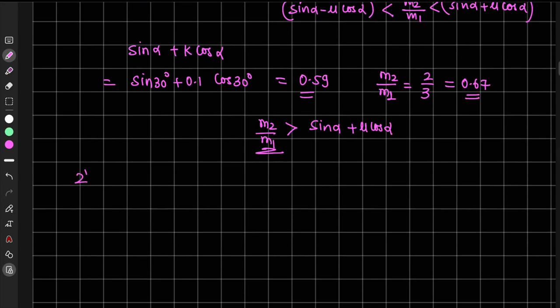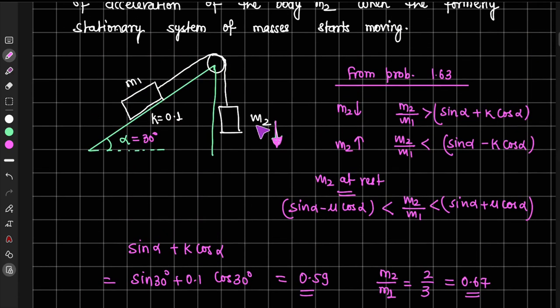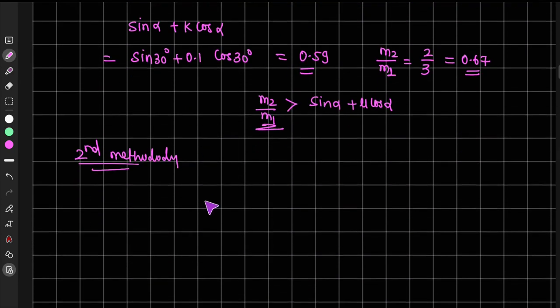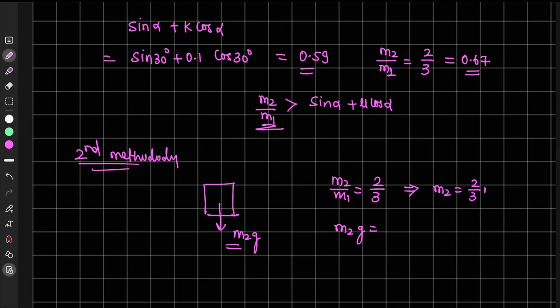Let us say we have a second methodology, in which we first find the value of m2g, the force acting in this direction, that is the gravitational force. Since m2 by m1 is given as 2 by 3, m2 is equal to 2 by 3 m1, so we can write m2g as 2 by 3 into m1 into g.